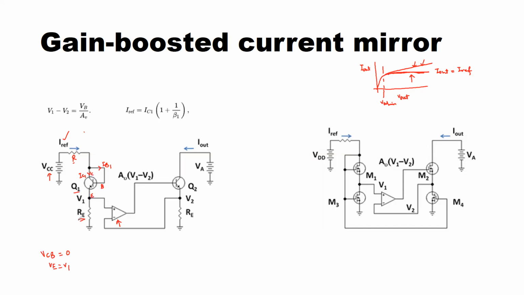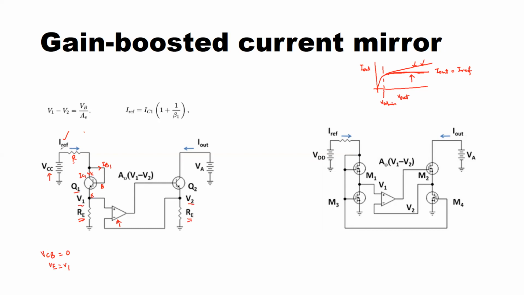I have used these emitter resistors, called emitter degeneration resistances. We have seen their role in the previous model, so refer to that if you are new to this. Their role is to further boost or improve the output resistance of your current mirror. Because of that, we have the voltages V1 and V2.